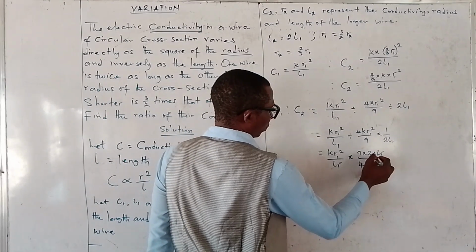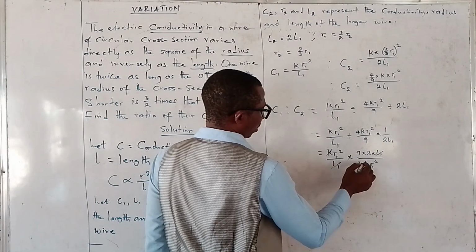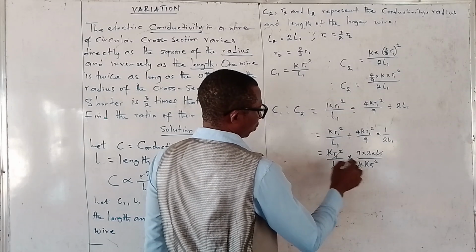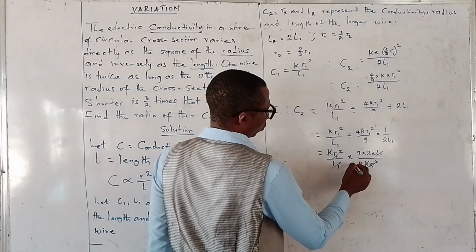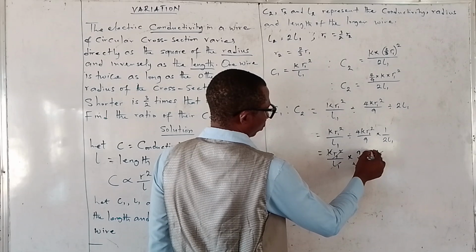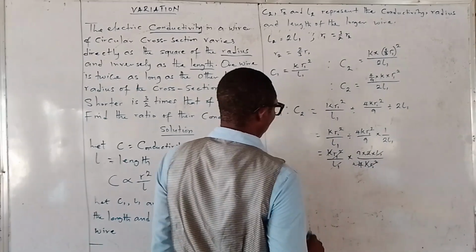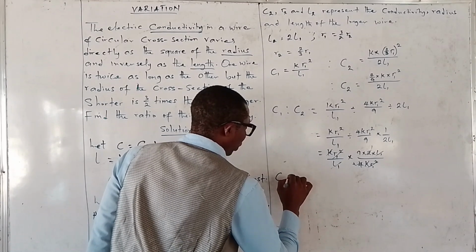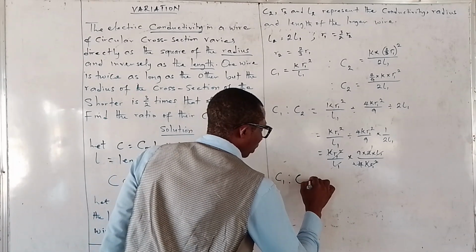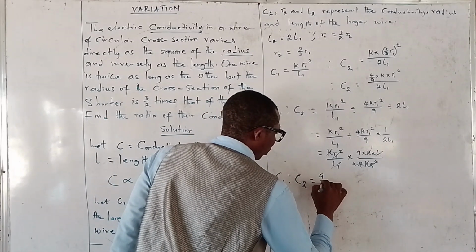K will cancel K, R1 squared cancels R1 squared, L1 cancels L1. 2 goes into 2 once, and 2 goes into 4 twice. So what we are left with now is C1 ratio C2 equals 9 over 2.